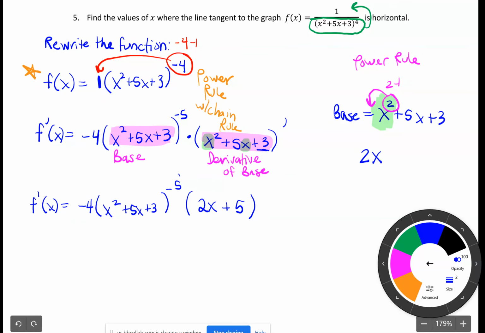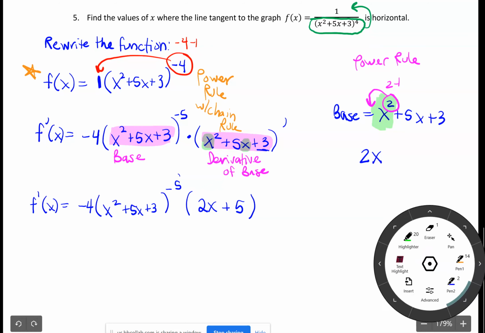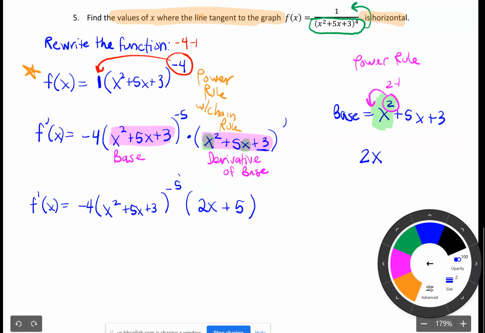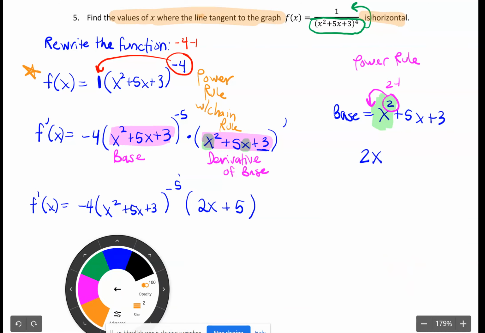However, we're asked to go this extra step here. Well, not the derivative of the tangent line. We're supposed to find values of x where the tangent line is horizontal. So think about a horizontal line. So this is algebra. If you have a horizontal line, a flat line like that, the slope is 0.